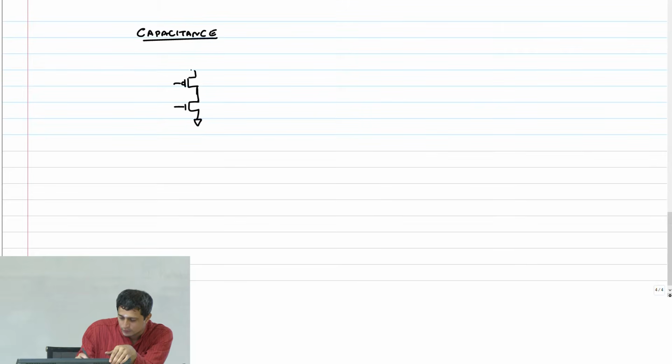Okay, so let's look at the capacitance. Let's start with our inverter. Maybe I should draw this bigger because I need to put a lot of caps there.